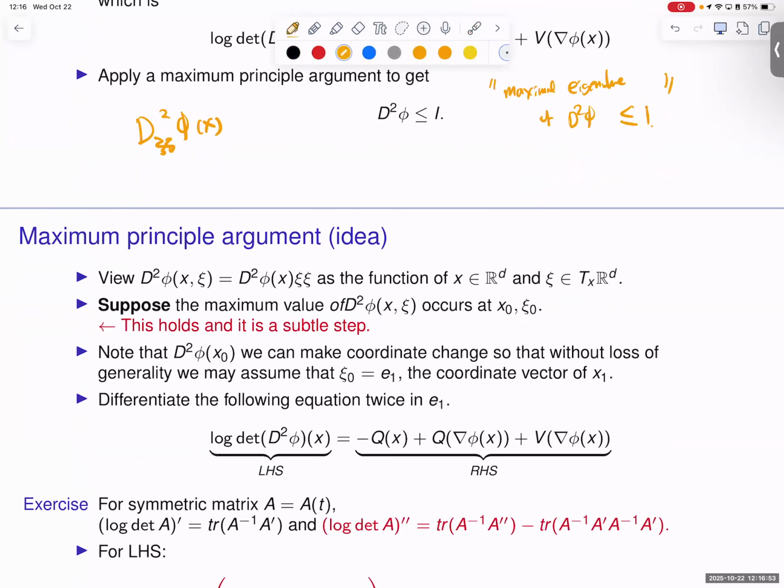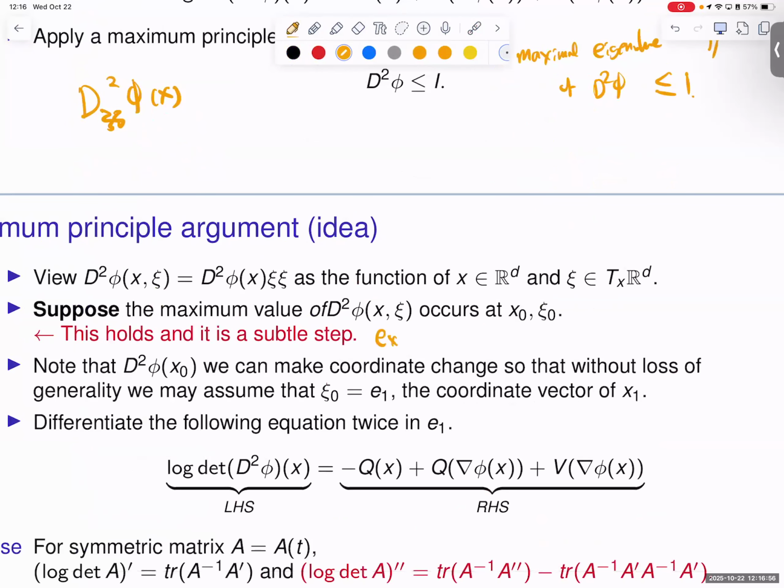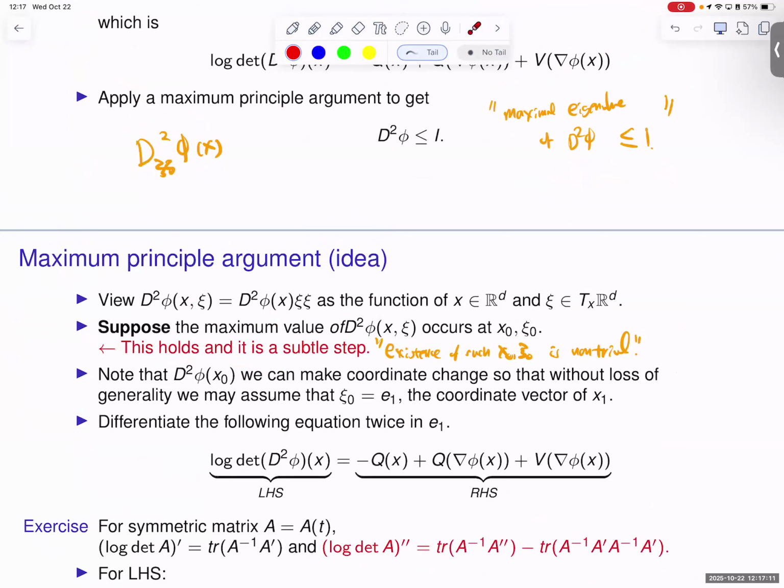So here, the existence of such x0, c0 is non-trivial. Why? Because in our case, our domain is R^d, the whole Euclidean space. Finding a maximum point in this non-compact space is not automatic in general, right? So to ensure that there is such a maximum point, you have to do some work.